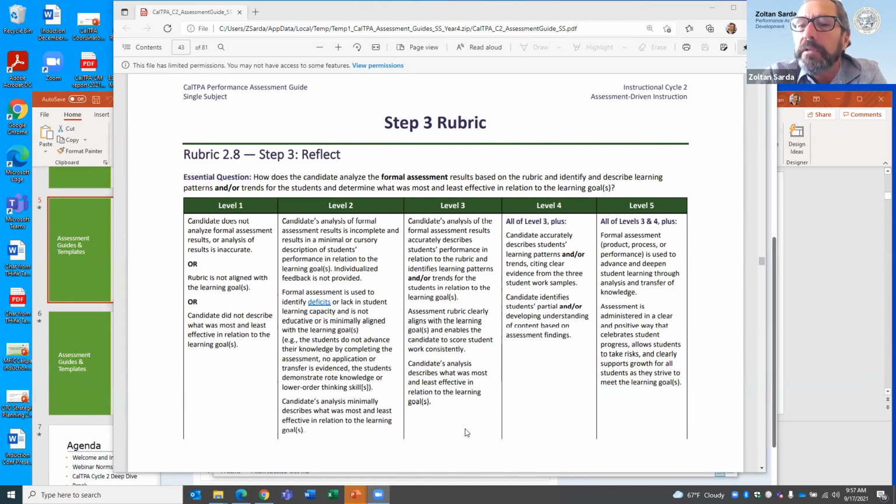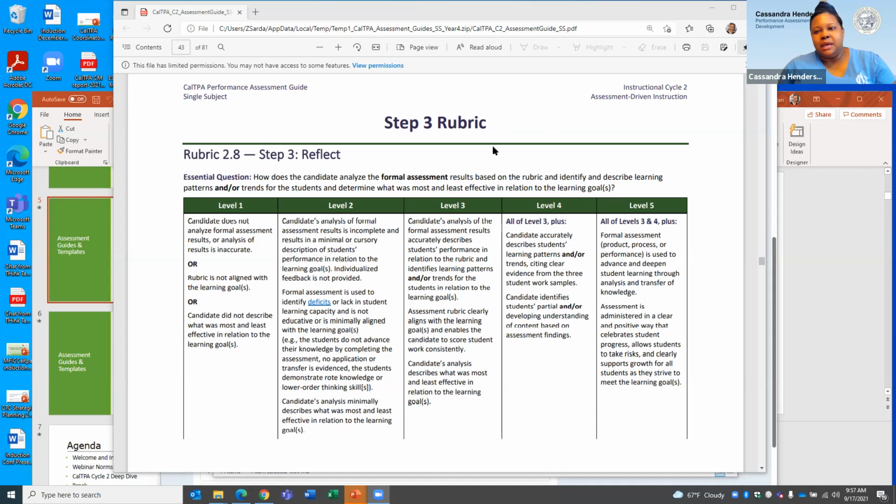That language is new for year 4, determining what was most and least effective. That gets to Cassandra's point. Many candidates would just describe what was happening and wouldn't really take a reflective stance on what they were doing. So this is a key piece for the year 4 version.